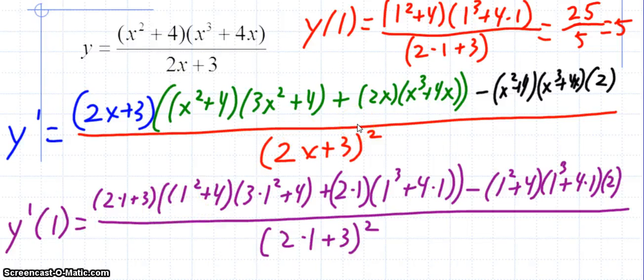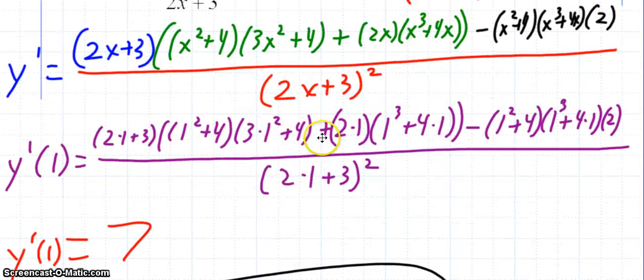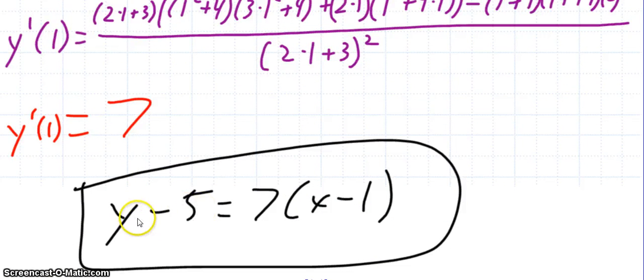Remember, that's the slope of the tangent line, right? I would not bother to simplify that. The reason why is because we just care about the actual value when x is 1. I need to find the slope when x is 1. So I'm just going to plug in 1 at this point. And I do that very carefully, following my order of operations, and I get y prime of 1 is 7. So that gives me my slope, so then I can write my equation of a line.